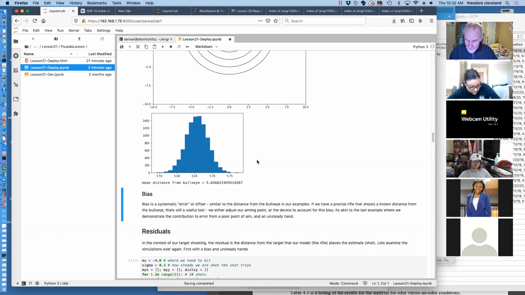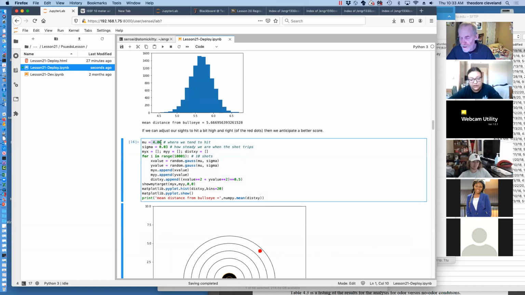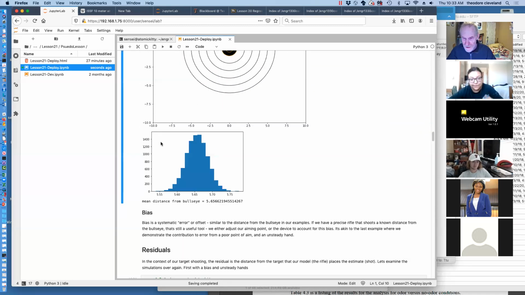A lot of natural resources data that's collected in real time, the instruments that collect the data are known to drift. So like water level stuff that Farhang has talked about in the past, those instruments themselves lose their zero, if you will. They lose their mu value in our shooting context.